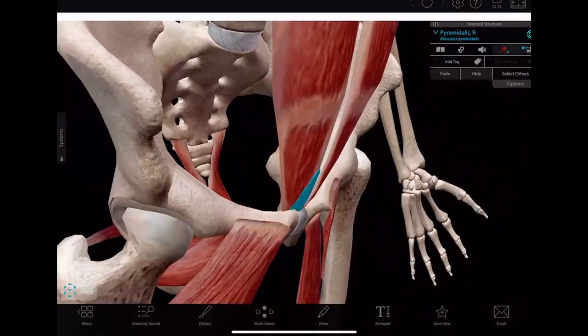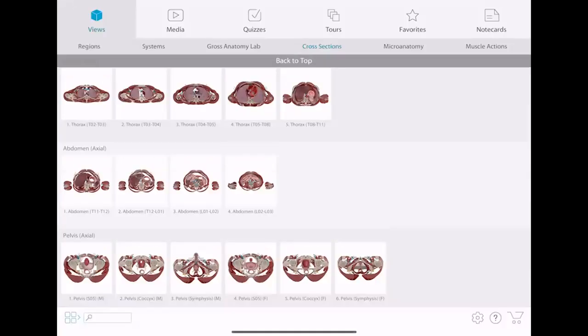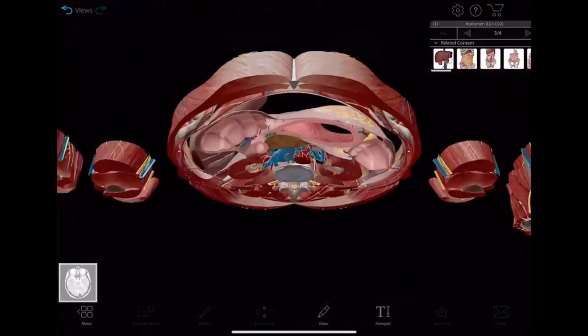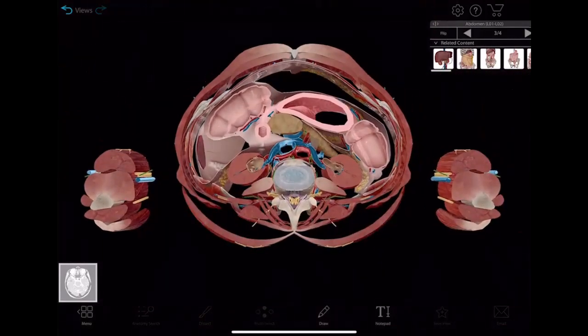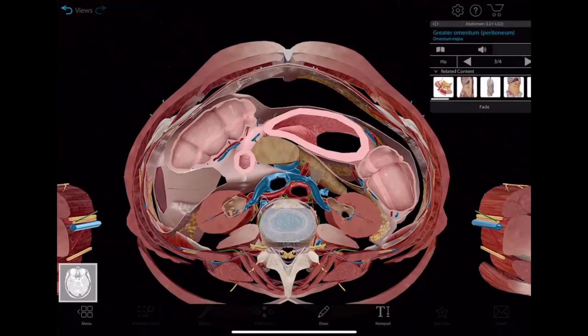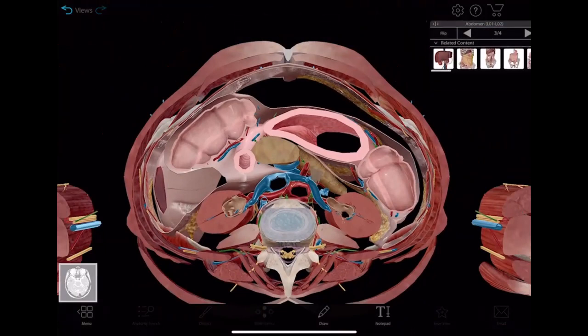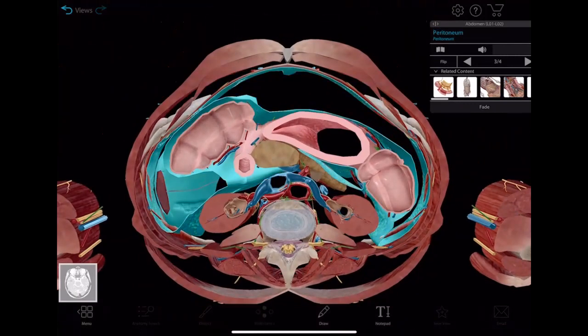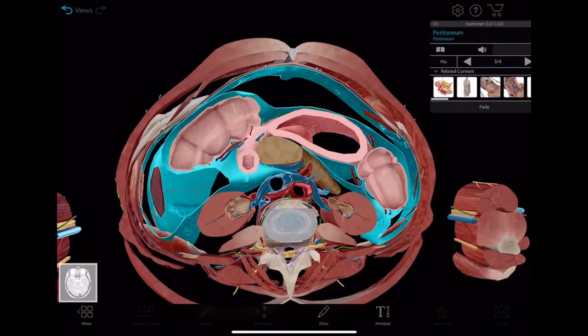Okay, we'll see another transverse section, L1, L2, right? And here you can see, I will select the peritoneum. You see that is peritoneum, right? Selected structure is peritoneum in the cross section.